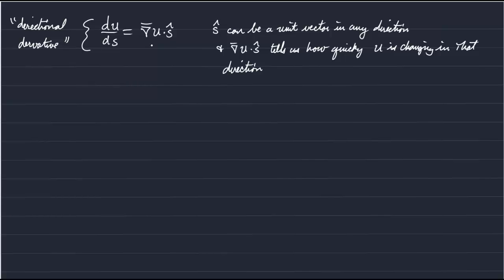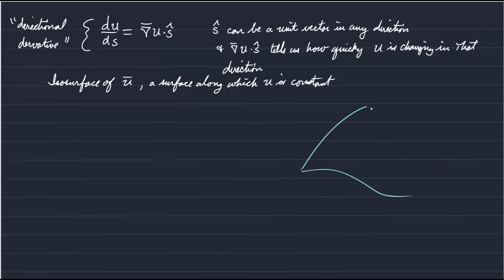So let's look more at what the gradient tells us, and let's look at an isosurface of U. That is a surface along which U is constant. And so this surface is some arbitrary shape, whatever it is.